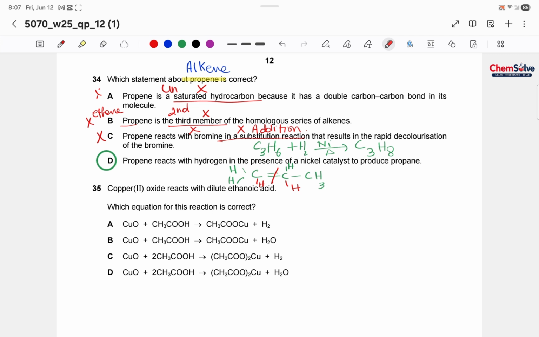All right, coming towards question number 35. Copper 2 oxide reacts with the dilute ethanoic acid. Okay. Before looking at the options, let's write our own equation.